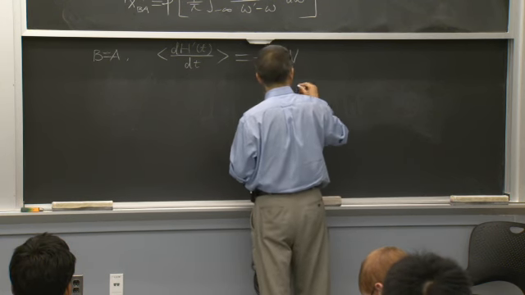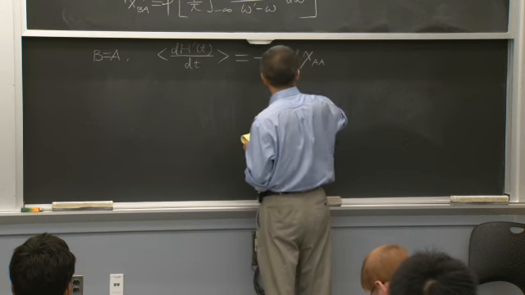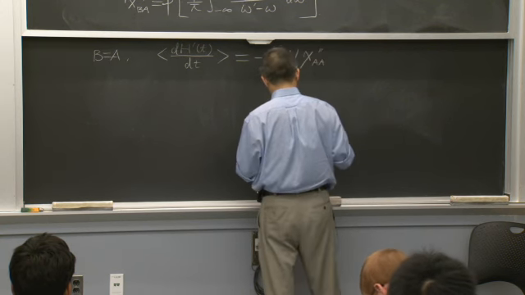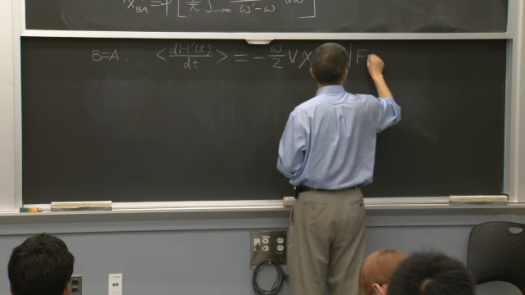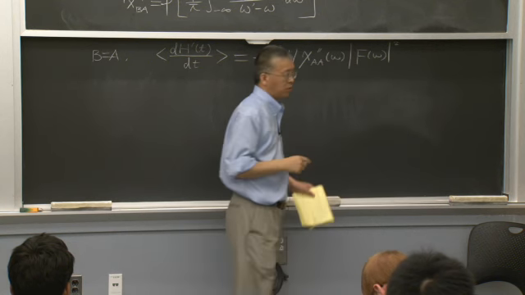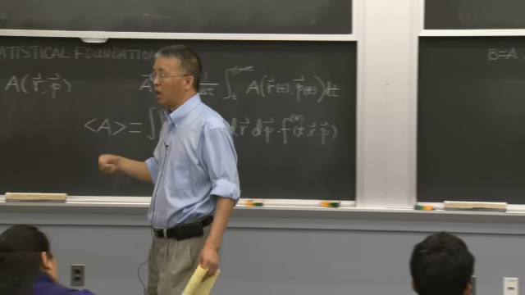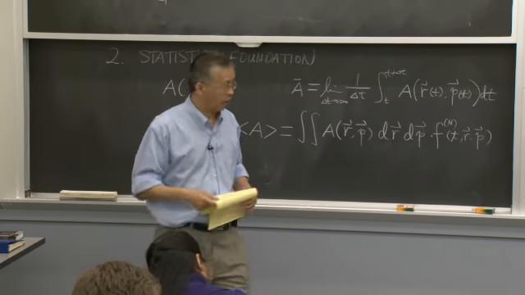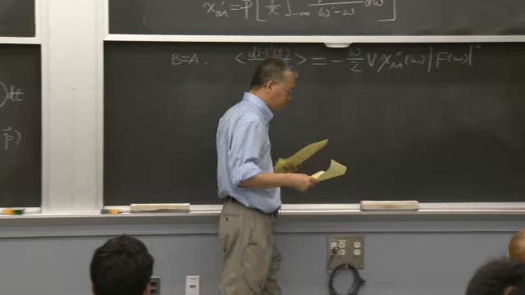So omega over 2V times the imaginary part of chi AA, times omega F omega squared. So this is just a result of, again, the causality, and it's general.